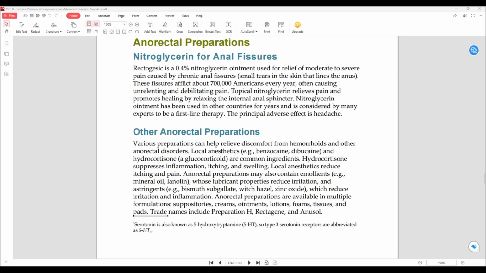Anorectal preparations may also contain emollients, such as mineral oil or lanolin, whose lubricant properties reduce irritation, and astringents, such as bismuth subgallate, witch hazel, and zinc oxide, all of which reduce irritation and inflammation. Anorectal preparations are available in multiple formulations: suppositories, creams, ointments, lotions, foams, tissues, and pads. Trade names include Preparation H, Rectogesic, and Anusol.